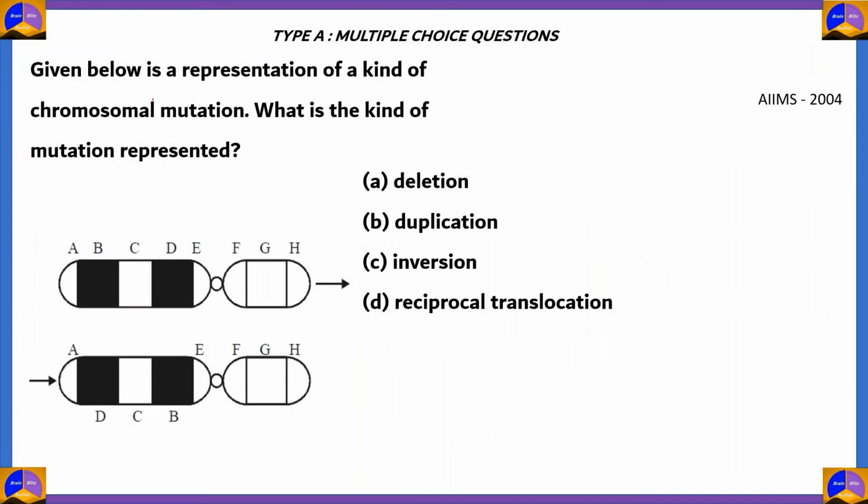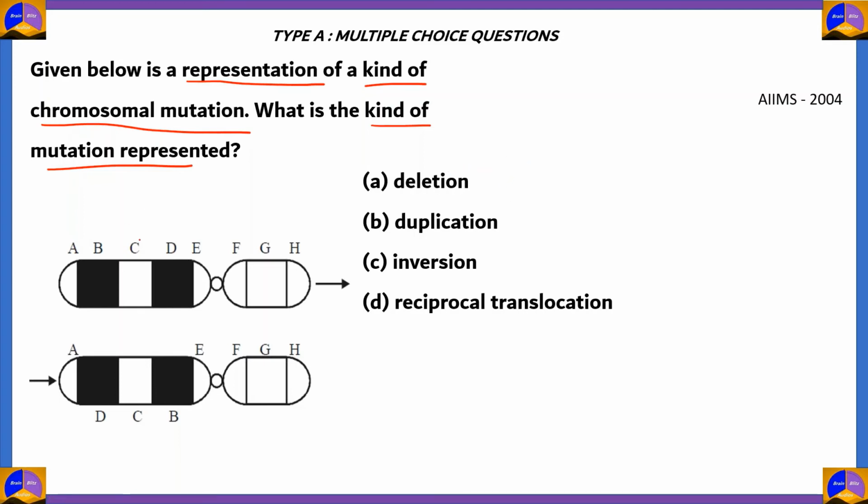Next question. Given below is a representation of a kind of chromosomal mutation. What is the kind of mutation represented? We have A, deletion, B, duplication, C, inversion, and D, reciprocal translocation. Let's look at each of our options one by one.